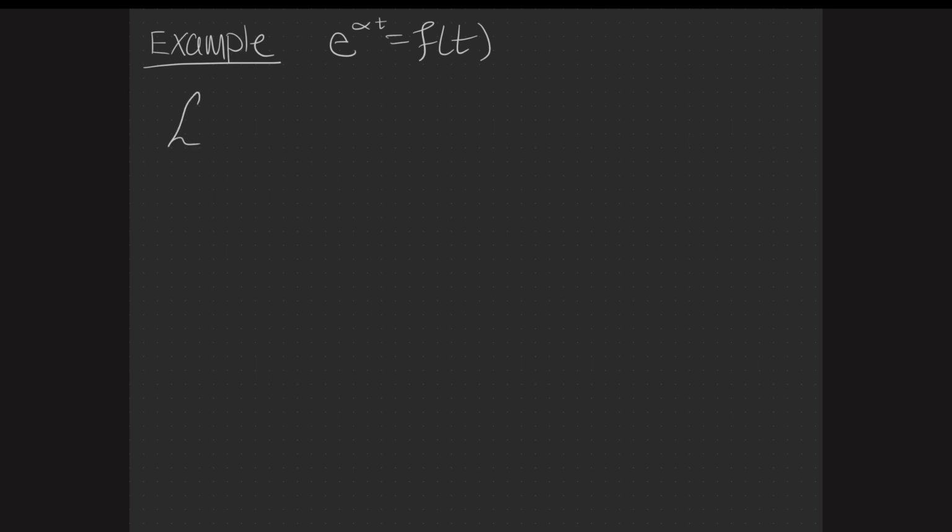So we're taking the Laplace transform of e to the power alpha t, where alpha is just some constant. Referring back to what we said earlier, this is just going to be an integral from 0 to infinity of e to the negative st times e to the alpha t dt.